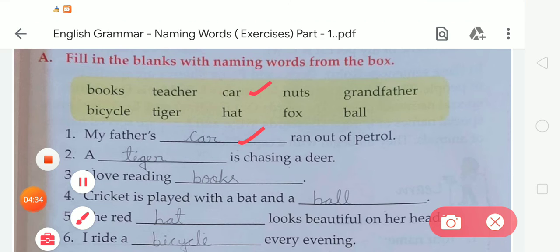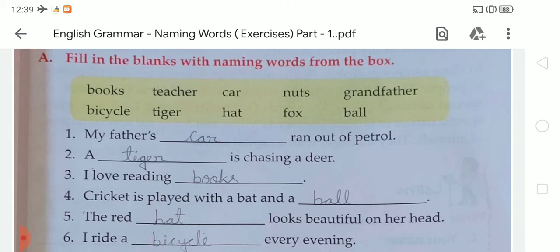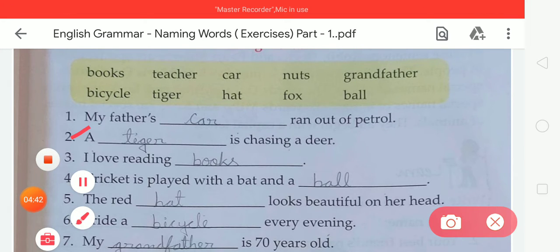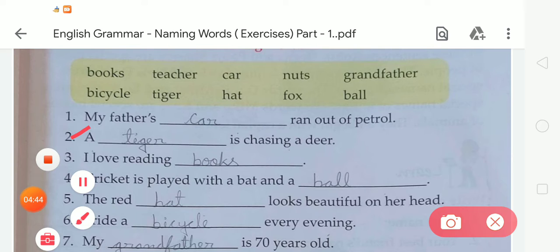Now the next, in number 2: a dash is chasing a deer. What will we write here? We have to write tiger. The spelling of tiger is T-I-G-E-R. A tiger is chasing a deer.